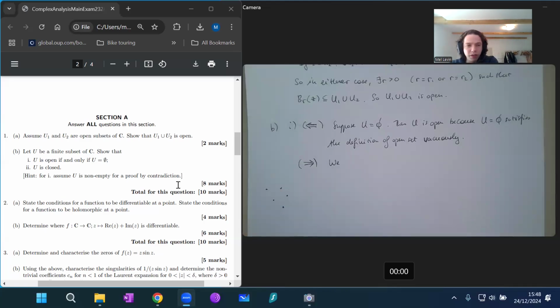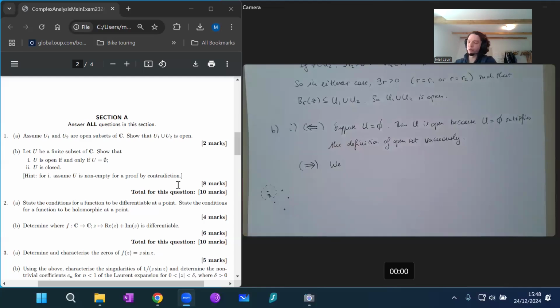Well, of course it's not going to be open, because if I pick just any Z in this set, then any ball around it is going to intersect its complement, right?